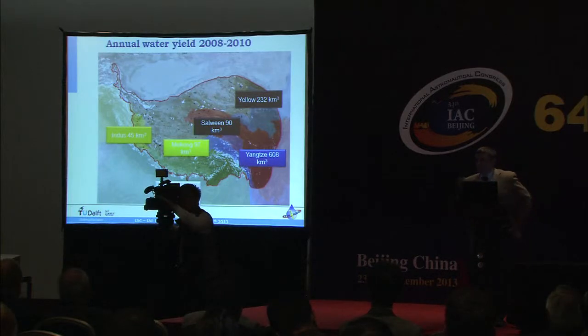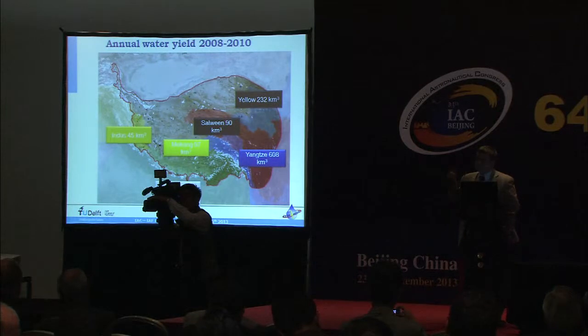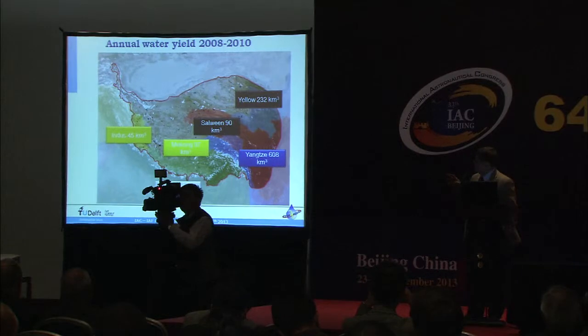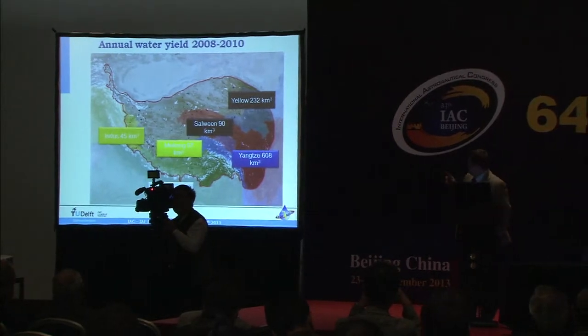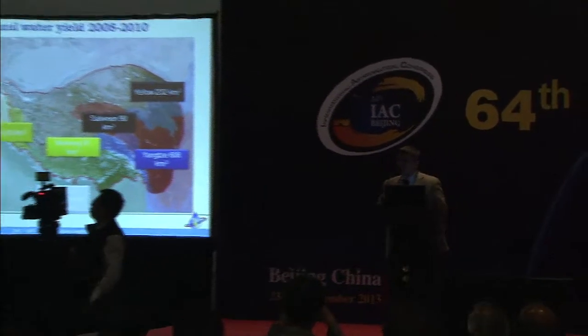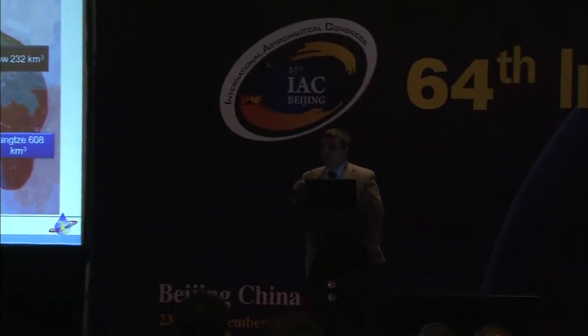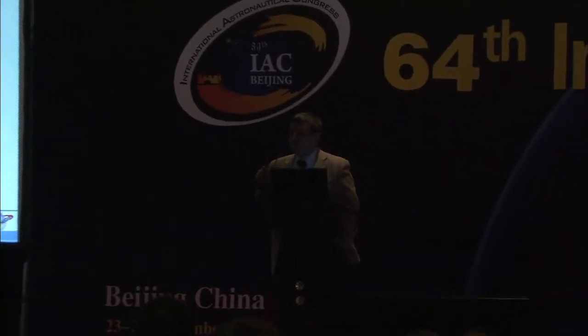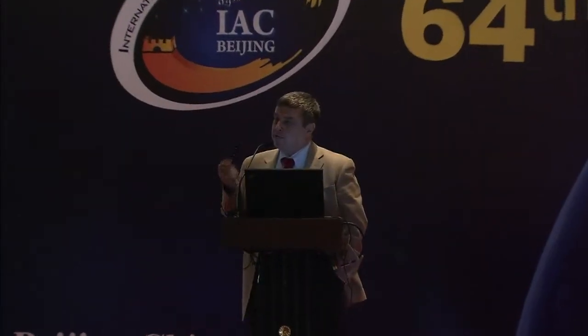Now, I promised to show some results. This is a result of the application of the system I was describing a couple of minutes ago to the region including the Tibetan Plateau, that's the area that you see within that red line, and most important, to the headwaters of the rivers which are streaming down from the plateau, rivers that are supplying water to slightly less than half of mankind in all the countries of East and South Asia.